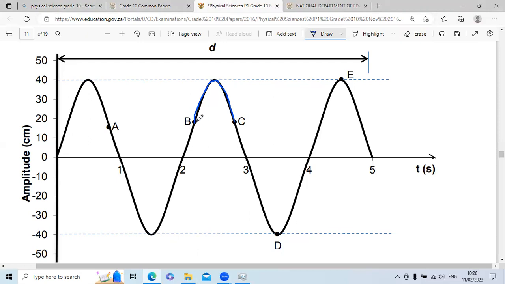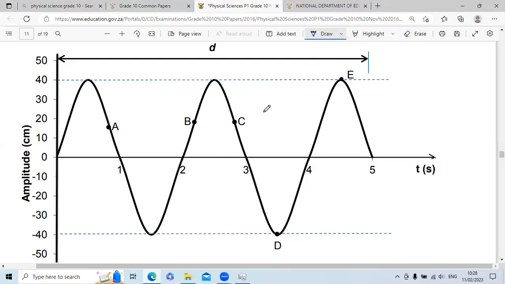Because I don't think it is, it's half of a wave. This is your equilibrium. Let me just draw it like this, because this is your equilibrium point, and then this is above the equilibrium. So B and C don't form a full wave.